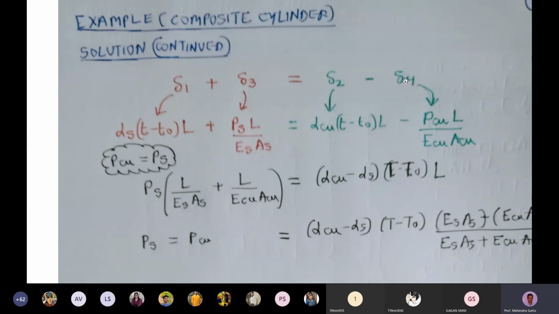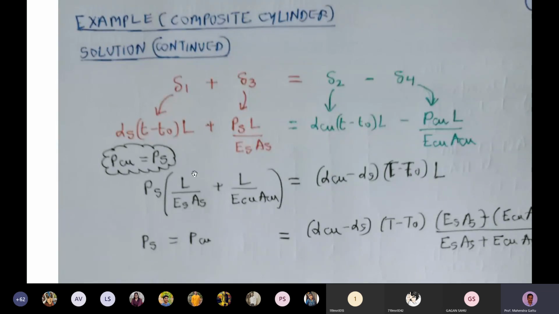Here there is shrinking taking place in the copper bar, so we have minus PCU L by EA for the copper. We know PS is equal to PCU, so we can move this term to the left-hand side, and we have PS times L by EA for steel plus L by EA for copper. The alpha S (T minus T naught) L term we move to the right-hand side, and we get alpha copper minus alpha steel times change in temperature times length.